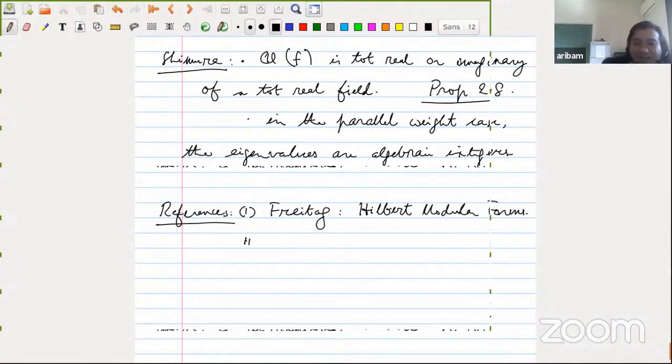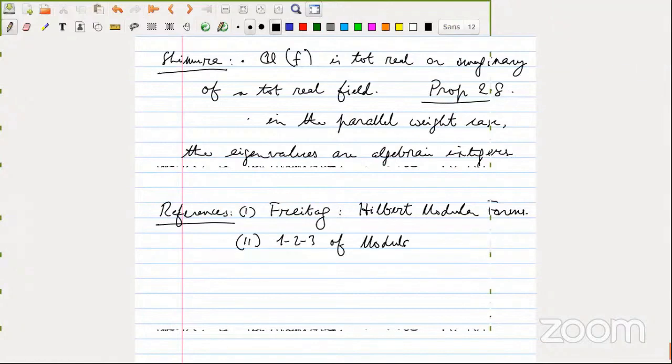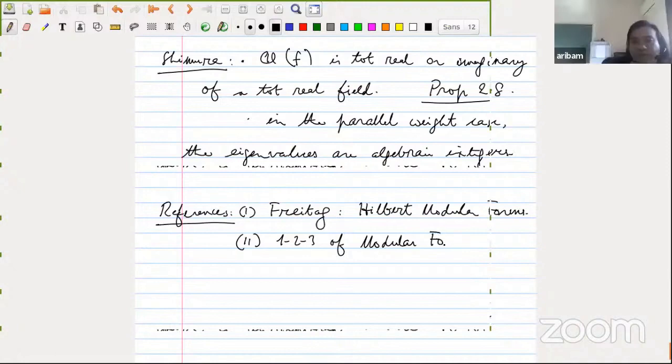The other one is the volume on modular forms, Volumes 1 to 3 of Modular Forms. That is what Professor Ghate also made me read when I was about to give a talk, a long time ago.